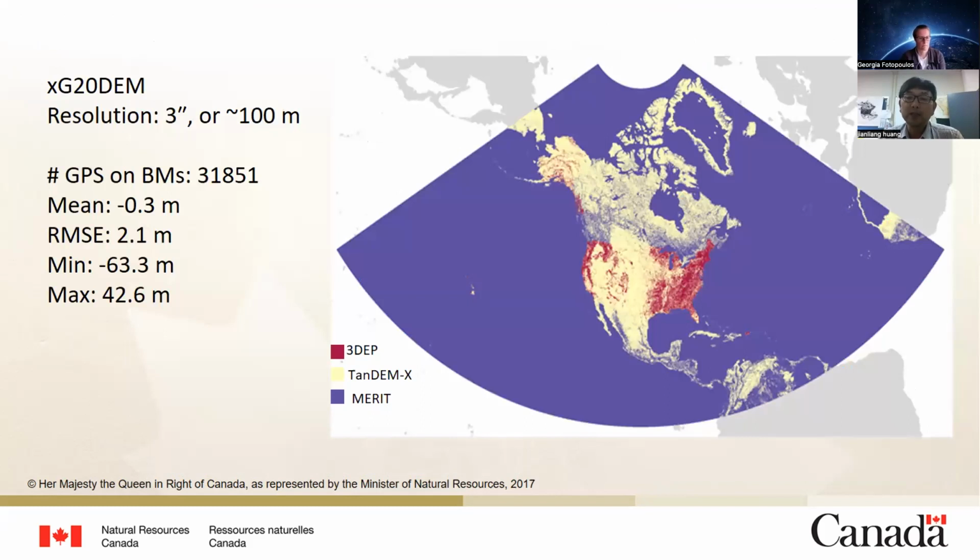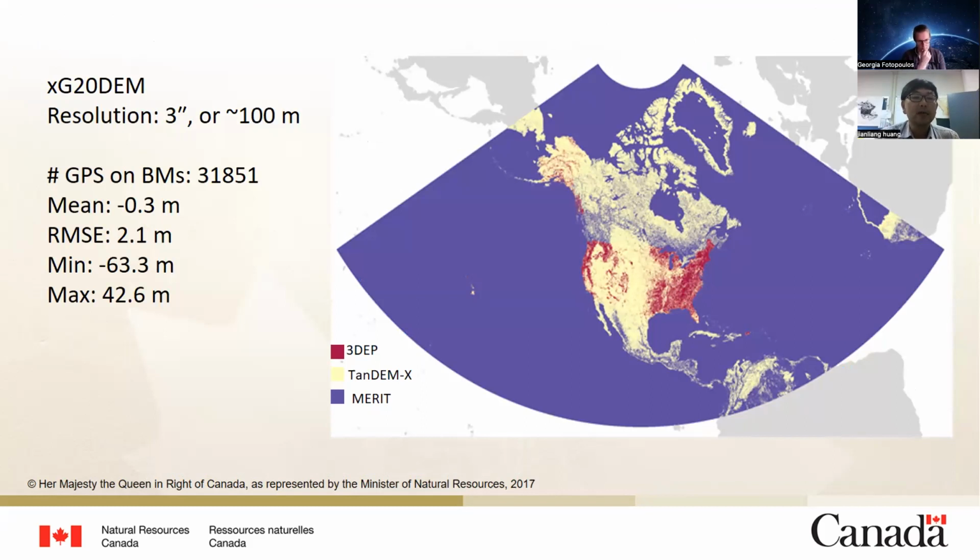We also built a new digital elevation model of 3 arc seconds, or about 100 meter resolution. The data sources include the USGS 3DEP model, TanDEM-X and Maris, as shown in this map. This new digital elevation model is validated against GPS on benchmarks in the US and Canada.